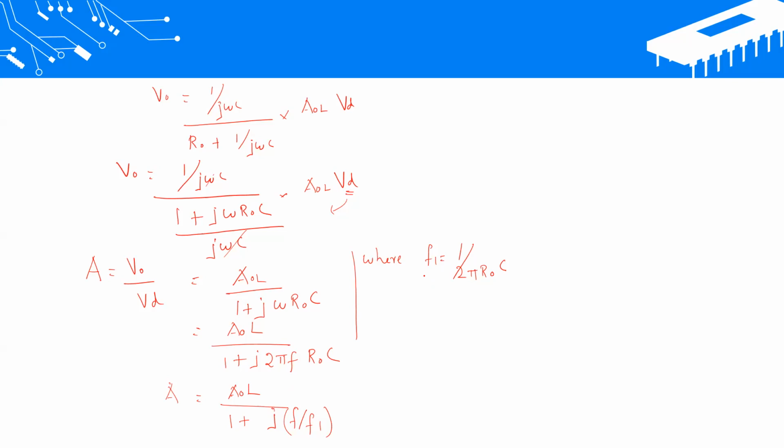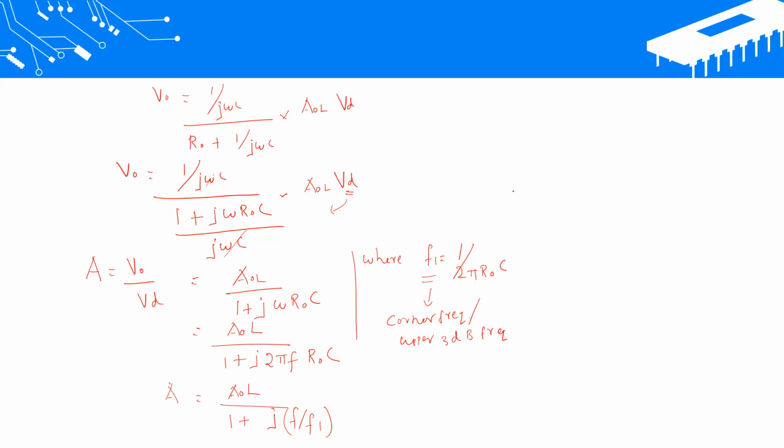So what is this frequency f1? f1 means the corner frequency, or the upper 3 dB frequency of an op-amp. This is called the corner frequency. At this frequency only the roll off will take place; from a particular corner frequency the gain will get rolled off.